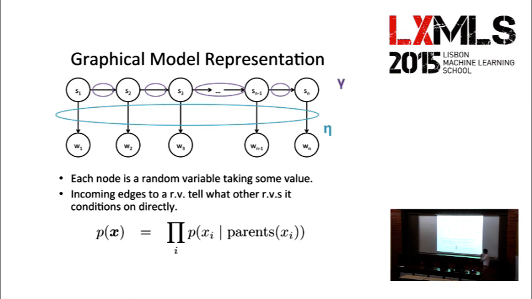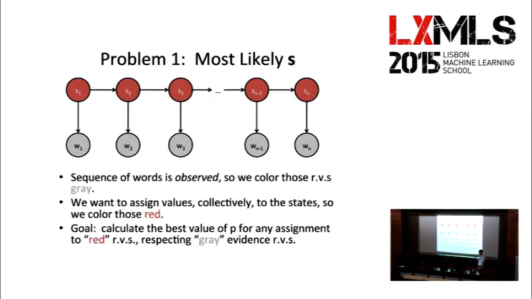OK, so with this graphical visual language and a little bit more, I'm going to use colors, we can visualize all the problems we've looked at so far. The first thing we looked at was what is the most probable state sequence. We were trying to maximize over some random variables having fixed the values of others. So what I've done here is I've started using gray to show which things are observed, and red to show the things I want to assign values to.